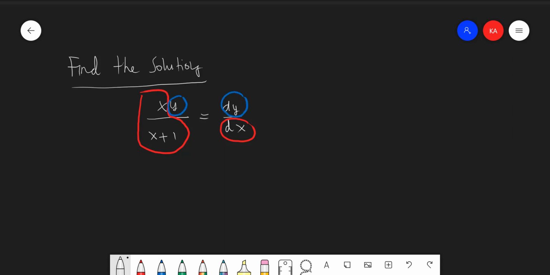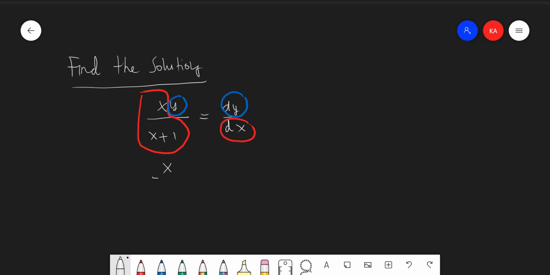So we collect x on the left side and y on the right side, or the other way, up to you. In this case, I collect x on the left side and y on the right side.